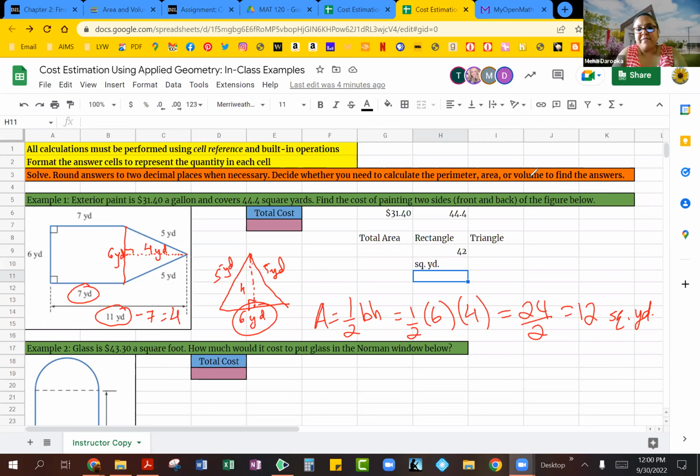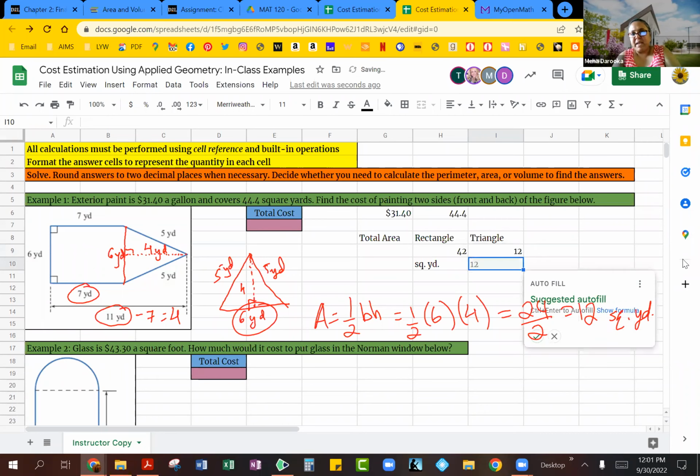Let me know if anybody still needs a clarification on this, if you did not understand how we did this. So we're going to do 1/2, and I'm just going to type that in as a fraction, but put that in parentheses. Multiply by my base of 6, multiply by my height of 4, and you will see that's where our little 12 comes from. And again, this will be in the measurement of square yards.